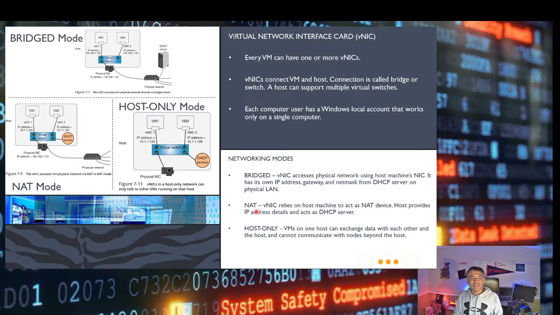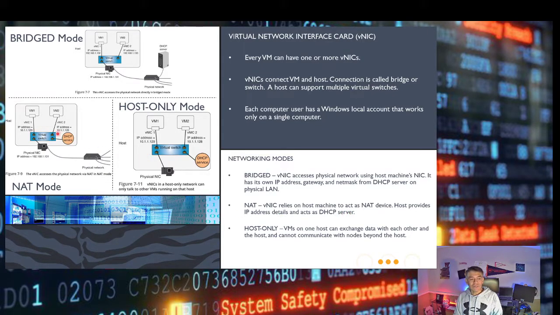In the event that you set up your networking mode as NAT, the VNIC, the virtual NIC on the virtual machine, relies on the host machine to act as the NAT service or device. And the host is the one providing the IP address and all the details associated with the IP address and acting as the DHCP server for the virtual machine.